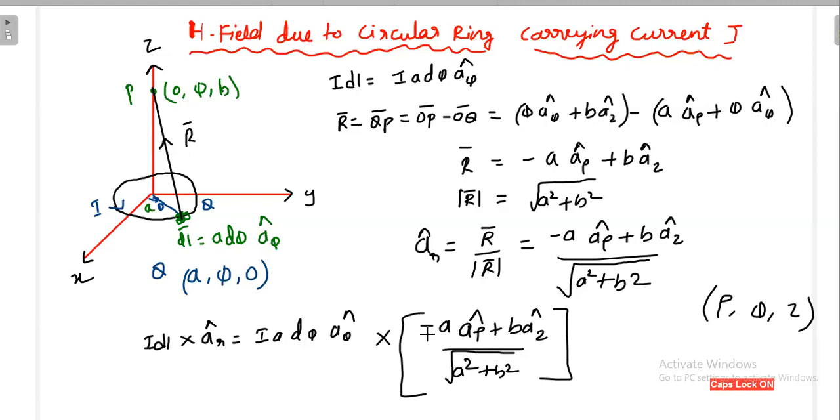Already one minus is there, so definitely the first term will be in the a_z cap direction. Next, a_φ cap cross product with a_z cap, going from φ to z, definitely gives ρ. So the second component will be in the a_ρ cap direction. The first will be in the a_z cap direction and the next in the a_ρ cap direction. That I will write in the next slide.